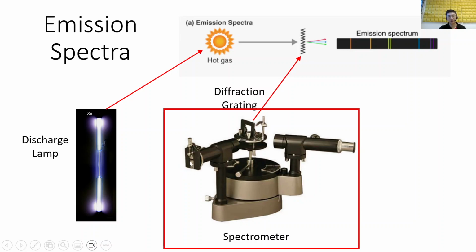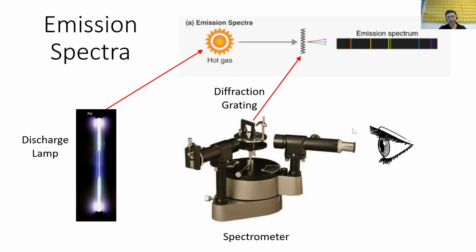This whole thing, including the lens to collimate the light coming in so that it's parallel to hit this, and this thing will swivel around at different angles to see. If you go straight through, the piece should have been here. If you turn it down to this degree, you'll see at a different angle, if you remember that in the lab. So this is called a spectrometer, the one that's boxed in red. So don't confuse the two.